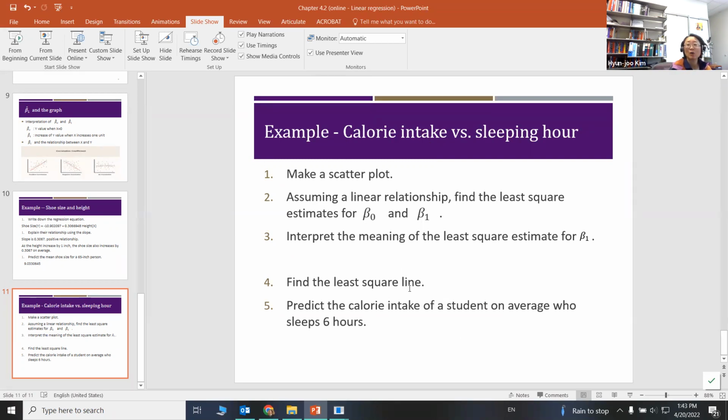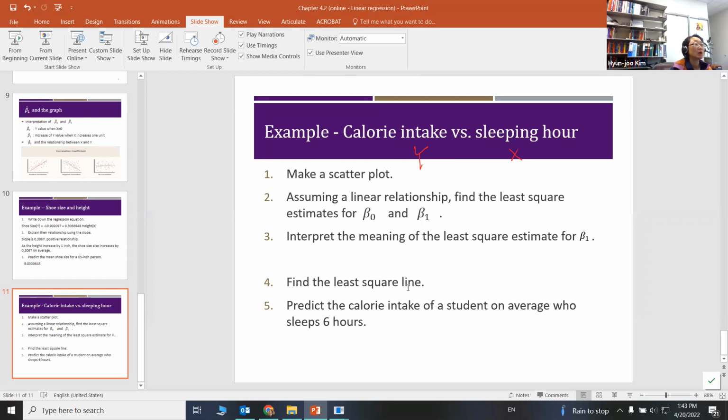So we'll see how it is working. This time I'm interested in the sleeping hour and how the calorie intake changes. So my sleeping hour will be X and my calorie intake will be Y, okay?